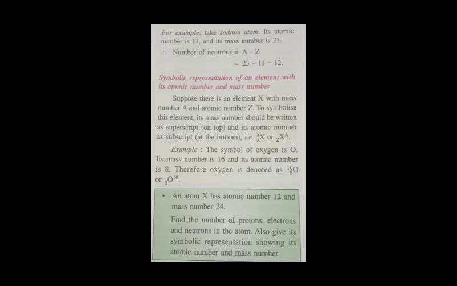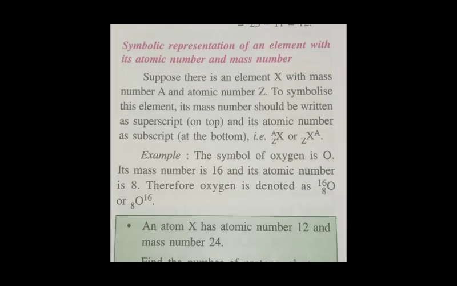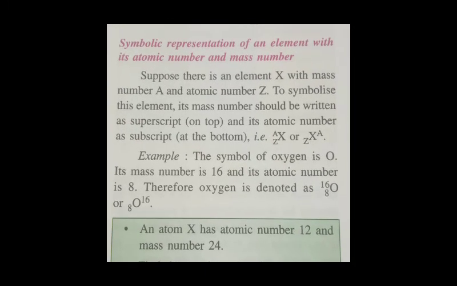Atomic number is denoted by Z, mass number is denoted by A. And the symbolic representation of an element using atomic number and mass number is, you can see here, A, Z, X. A and Z can both be on the same side or on opposite sides, but Z remains at the bottom and A remains as a superscript.